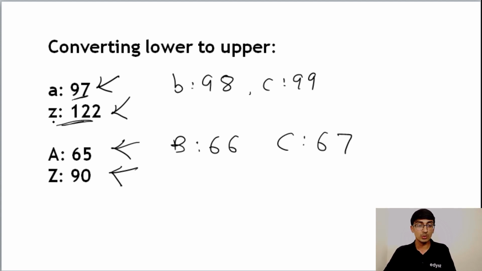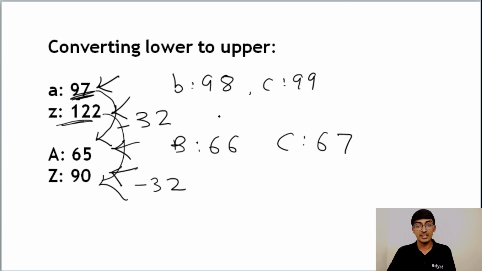Now, whenever you want to convert any lowercase character to uppercase, all you have to do is get this 97 converted to 65, which means you have to subtract 32 from it. What's the difference between both of them? 32. So if you do 97 minus 32, you will get 65. Similarly, if you do 122 minus 32, you will get 90.